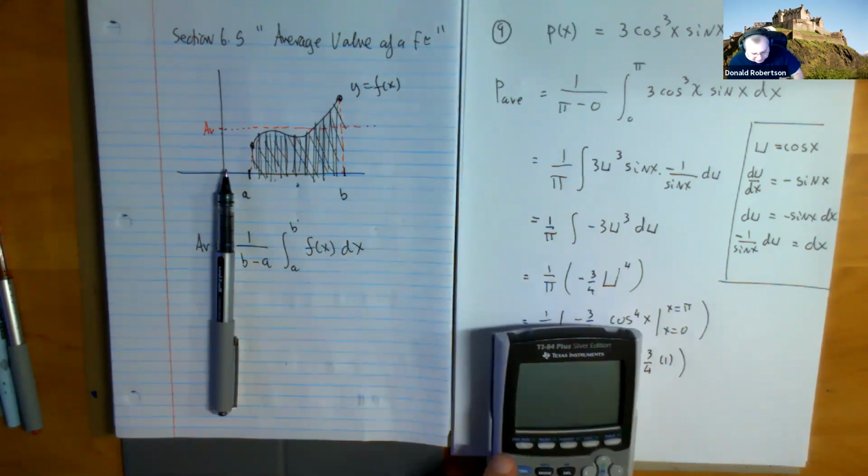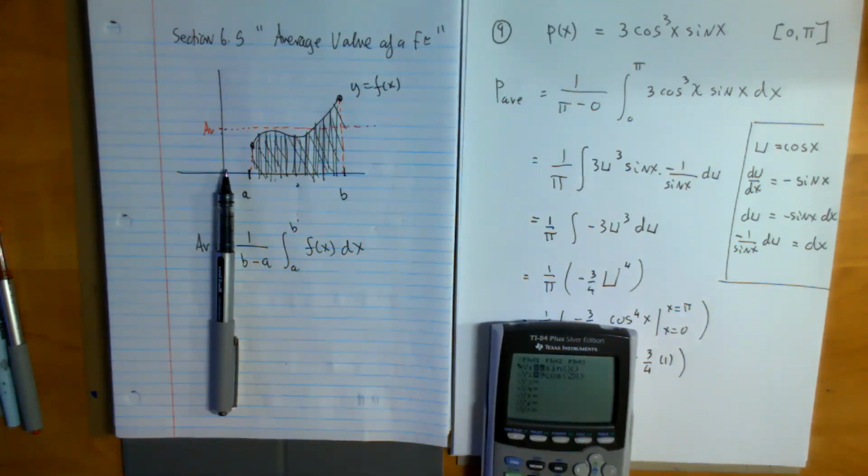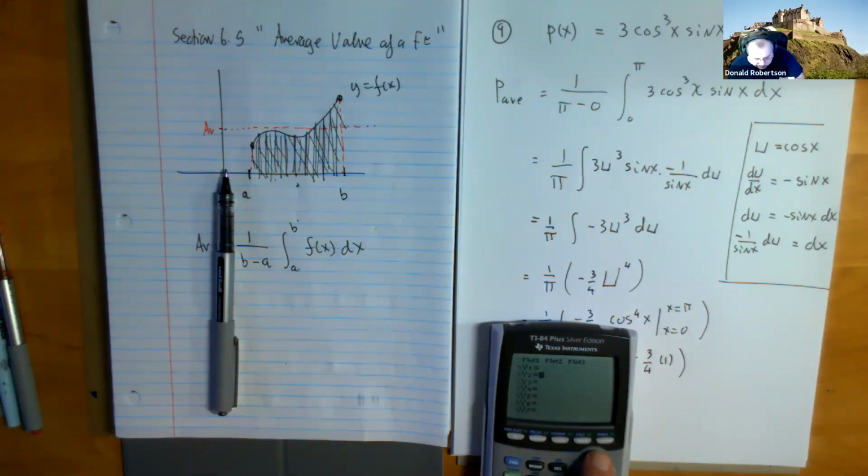I just want to check this guy out since I said that, and I hope I haven't screwed up. Then I should be able to put in 3 times, put a bracket around it for safety, cosine x cubed, followed by a sine x. And I'll go to the window and do a 0 to pi.